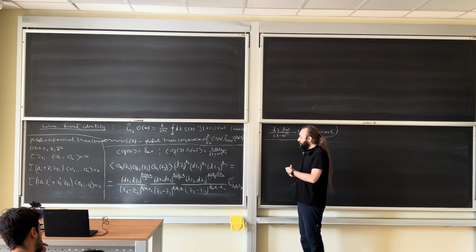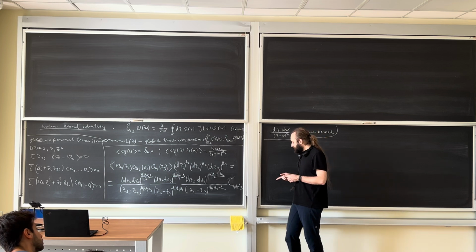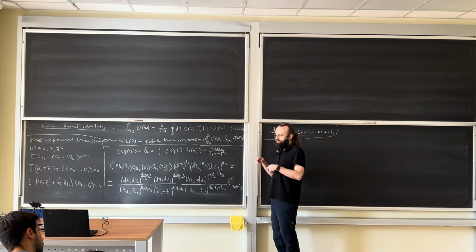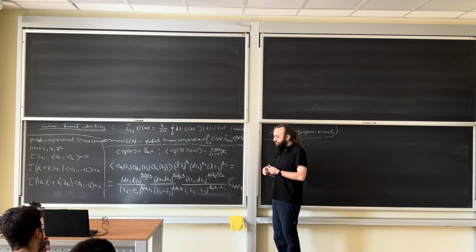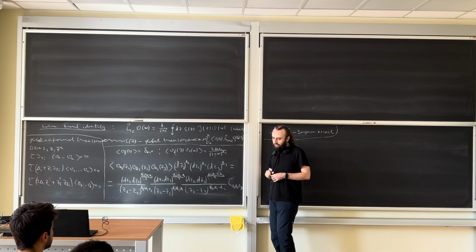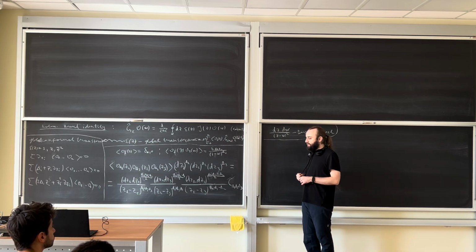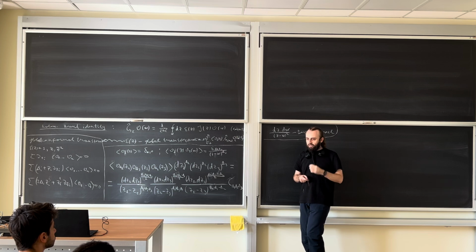And they almost always have similar expressions, like some ratios of double gamma functions. The main example where these functions are computed is the Liouville theory, but for some reason they look similar in, I think, almost all known cases.